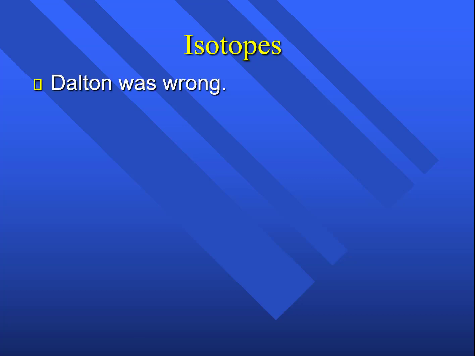And Dalton was wrong again. First, he was wrong about them being indivisible. Then Thomson and Rutherford found parts. Now he's wrong about the fact that every atom of the same element is identical. We saw yesterday, I was showing you two different kinds of gallium.